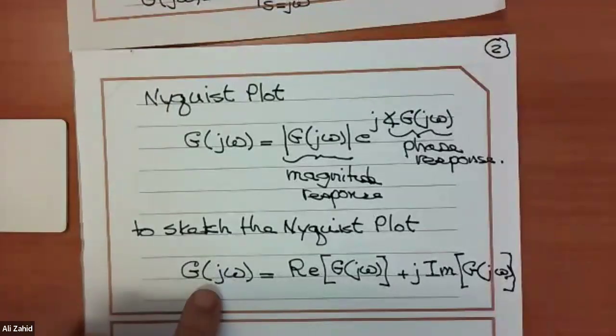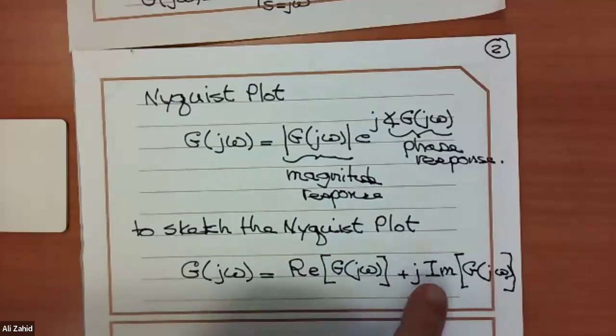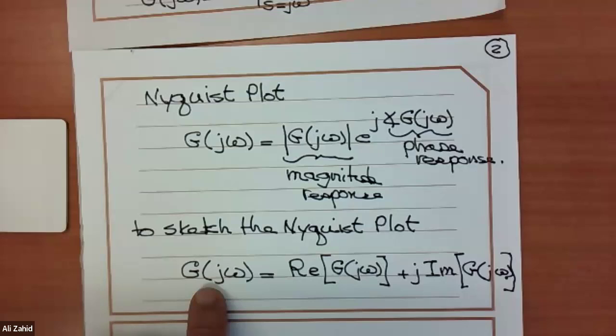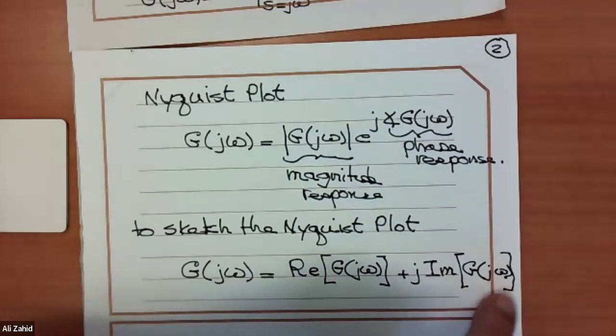In other words, write G of J omega in terms of the rectangular representation. This is in general a complex function of omega. I'll give you an example in just a second.